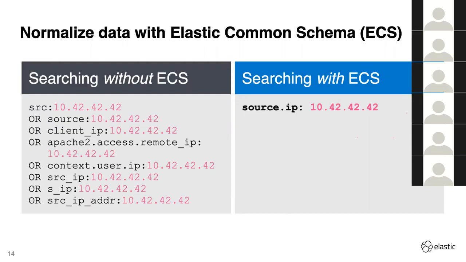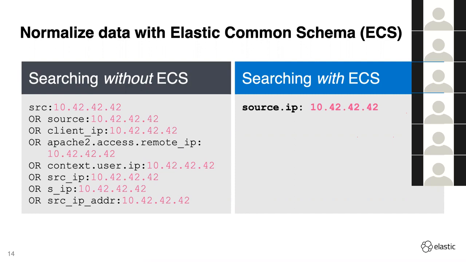If you want to run a query or build a dashboard, you need to do it for each field independently, which makes it painful and will not return better results.